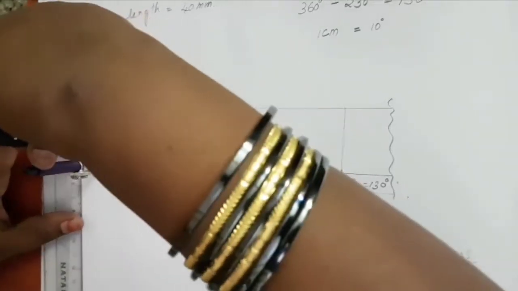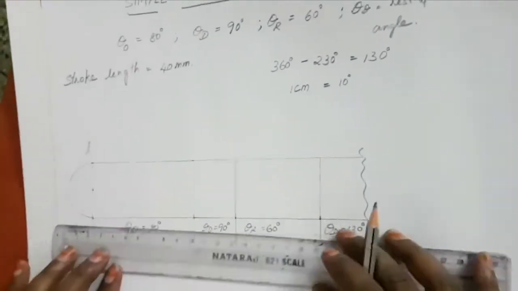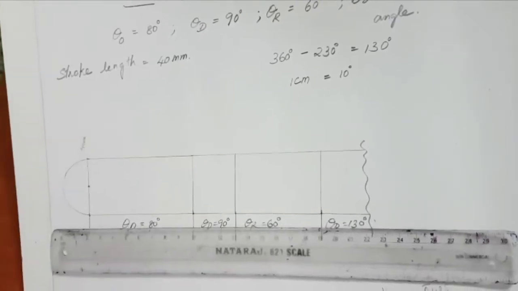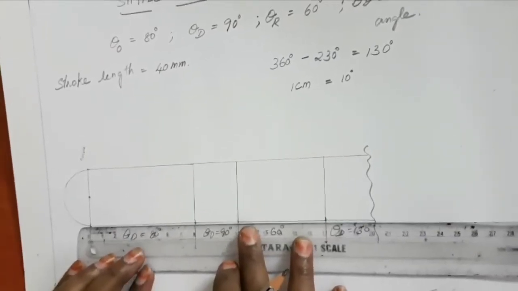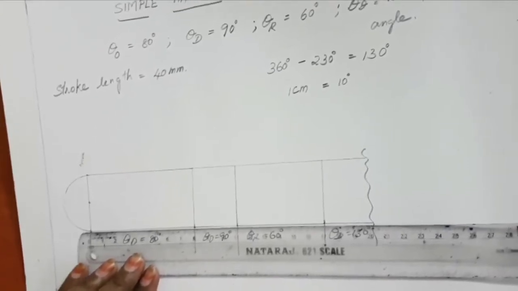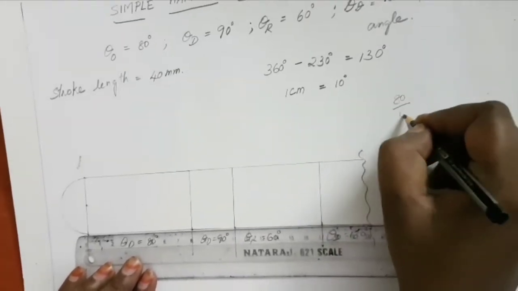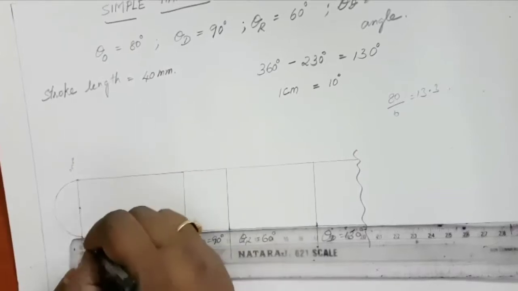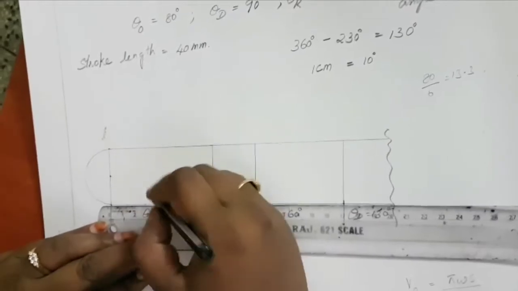I already told you that you need an even number of equal parts. Now I am dividing the 80 degrees into 6 equal parts. 80 by 6, you get 13.3, so nearly 13 mm for each division here.